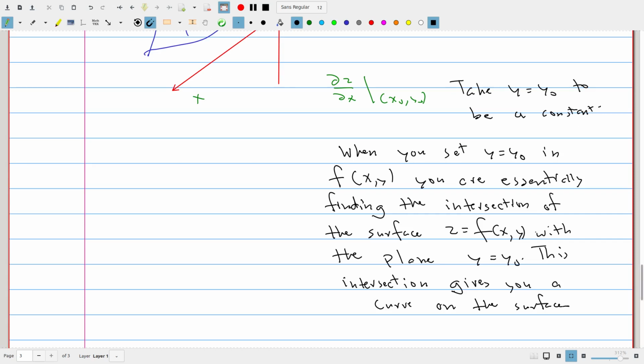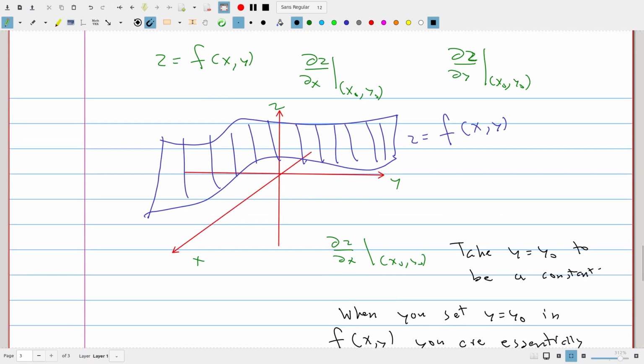Let's say this point is y equals y naught, and this point is x naught. Let's go with red. X naught, y naught. So this point is my x naught, y naught.